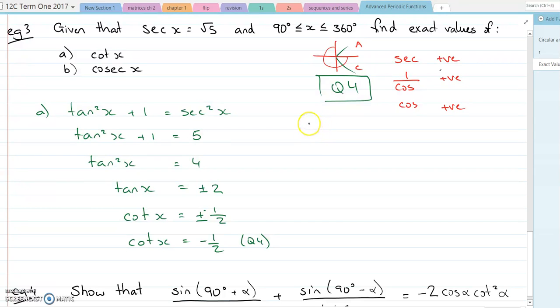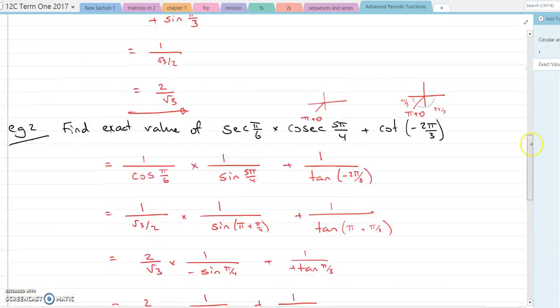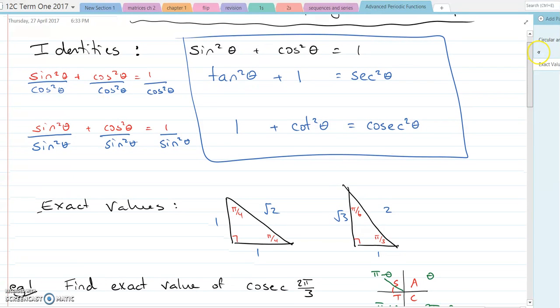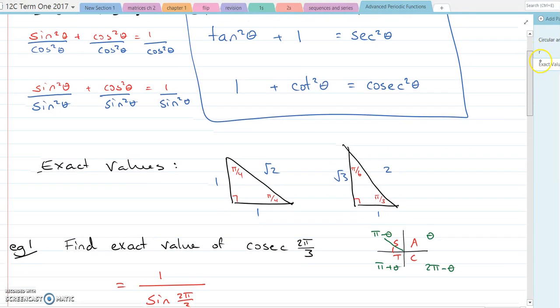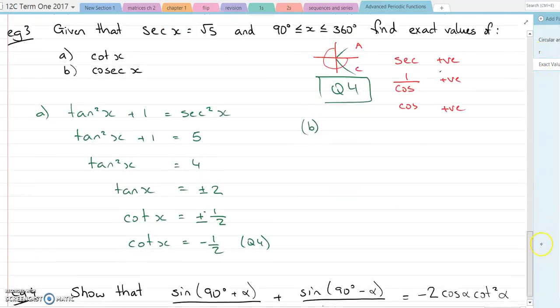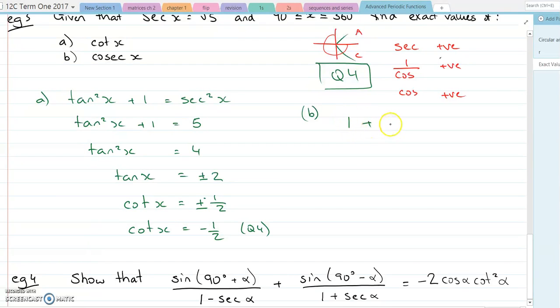Cosecant. For B, we're looking at cosecant. Let's look at our formulas we came up with, these identities. 1 plus cot squared equals cosecant squared. That was the other identity. So 1 plus, well, cotangent is a half.